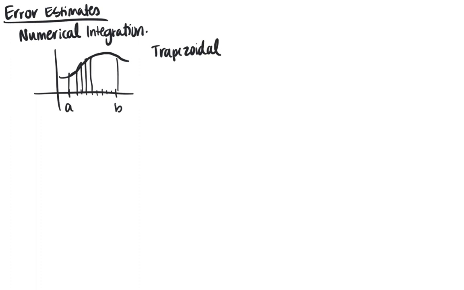Another way is midpoint. For midpoint, you're taking a point in the middle of each interval, computing the height there, and taking rectangles that are the height of the midpoint. And then the other thing that we learn in the section on numerical integration is Simpson's rule.